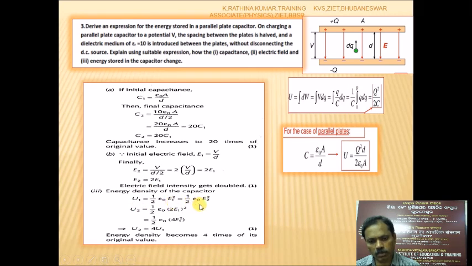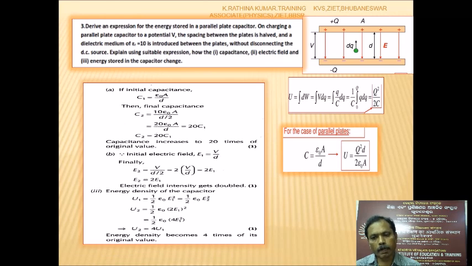Then U2 is equal to 1 by 2 epsilon naught into 2 E1 whole square, since the field is doubled as we found already. On squaring, it is 4 E1 square, so U2 is 4 times the initial energy density. The energy density becomes 4 times its original value. It's a very typical question. You must go through it thoroughly and carefully.